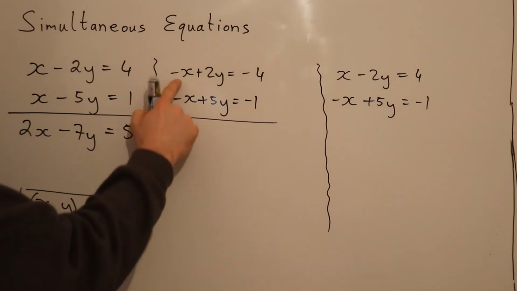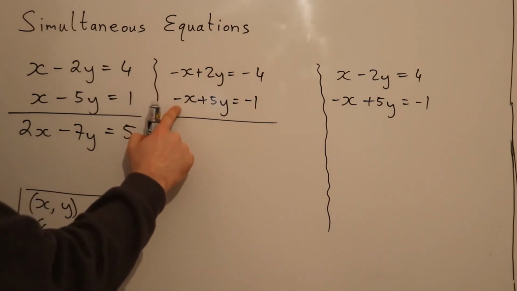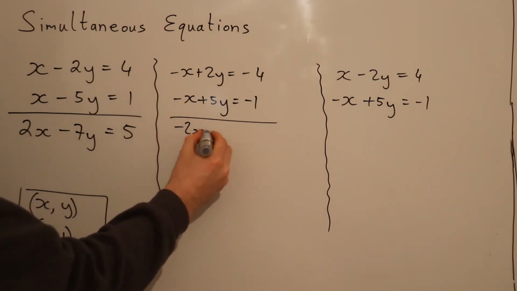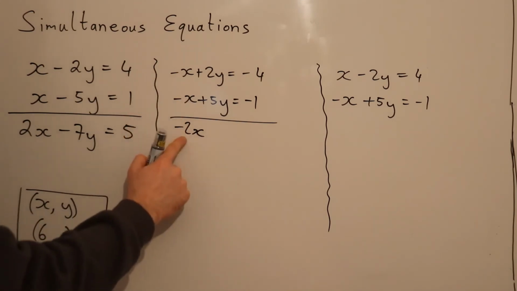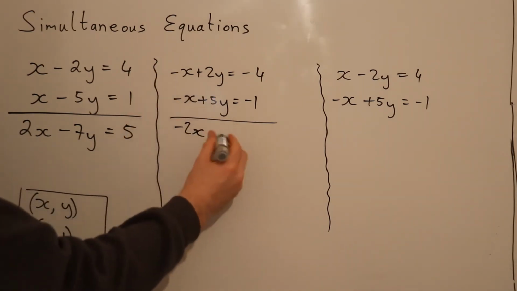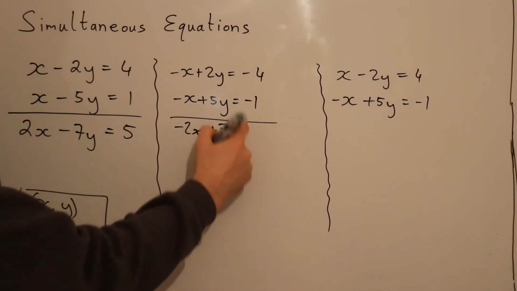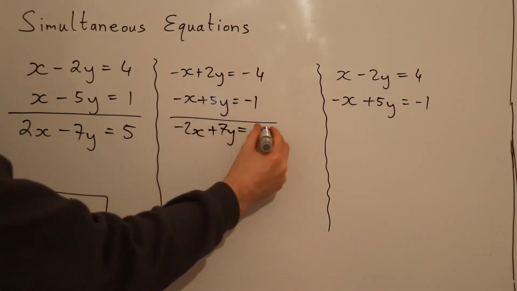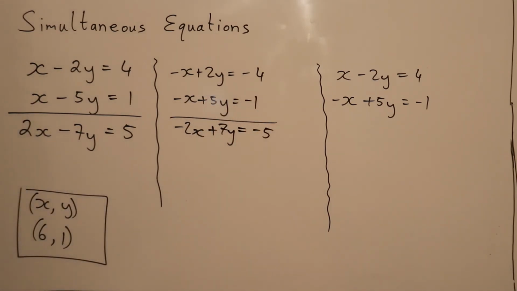So totaling these up, minus 1 minus another 1, so it's minus 2x. It's like you lost 1, you lost another 1, you've lost 2. Plus 2 and plus 5, that's 7y, minus 4, minus 1, minus 5. So that didn't get any simpler either. So changing all the signs didn't help at all.